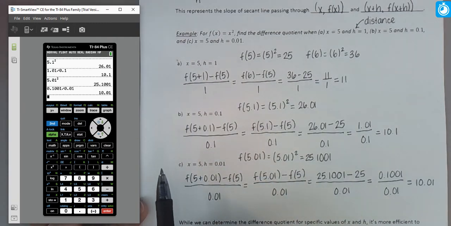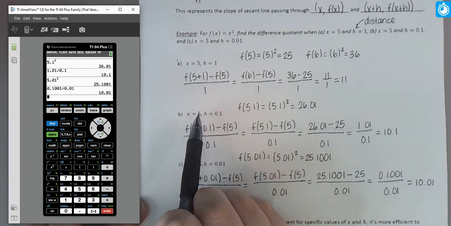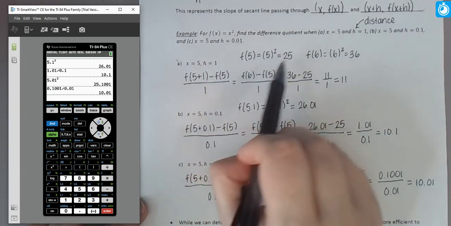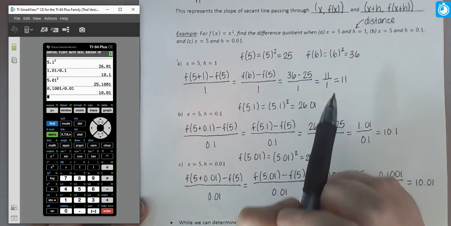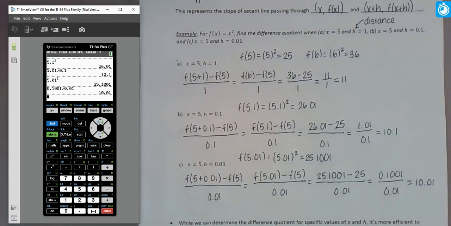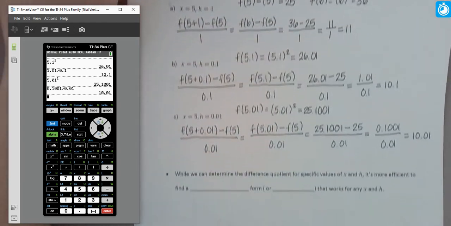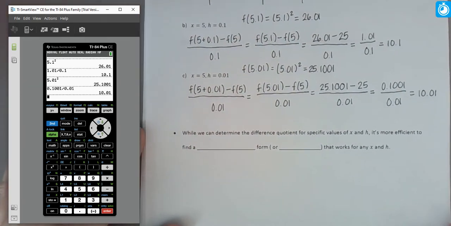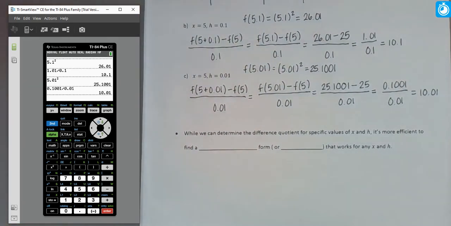But if we had changed that value, say this had been 5 and this had been 6, we would have to do both output calculations in order to apply the formula to the new x value and the new h value. So rather than actually doing it by hand for specific values each time, typically it's going to be easier to use the difference quotient rather than using specific values of x and h each time.